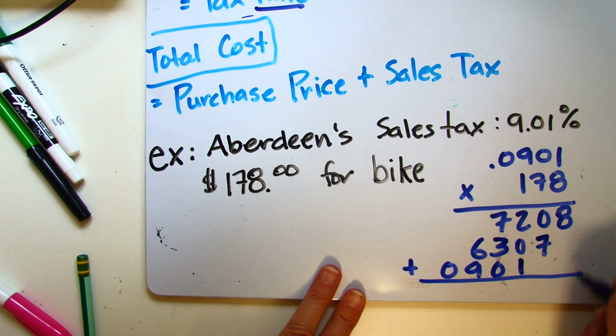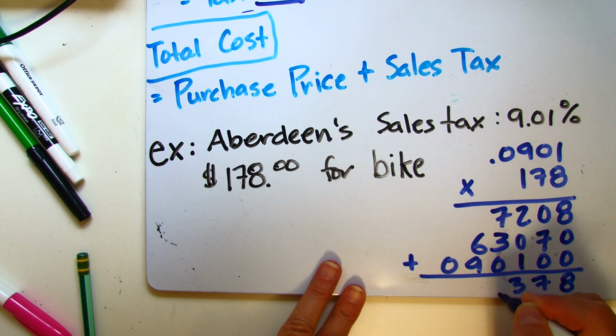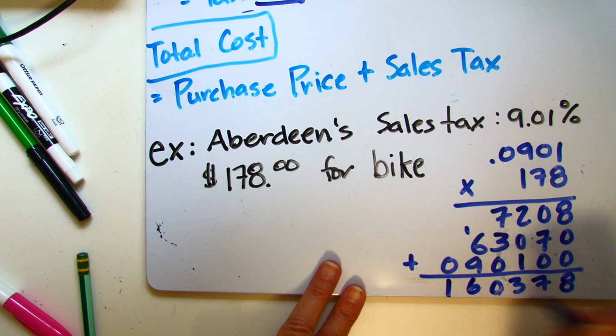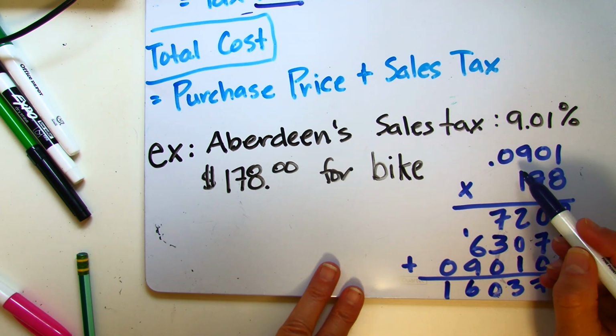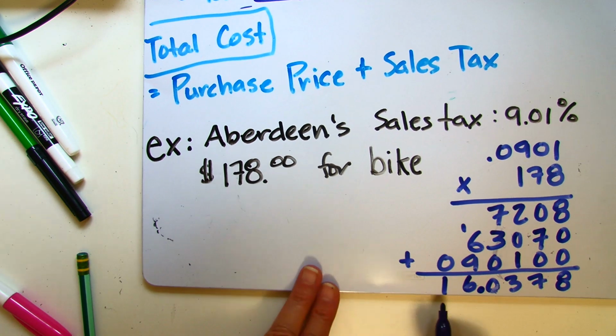When we add these up, we can put in some zeros as placeholders. We get 8, 7, 3, 10, 16. Remember that I've got 4 decimal places here, so I need to move over my decimal place 4 spaces to the left, and I get a number with a lot of decimal places.